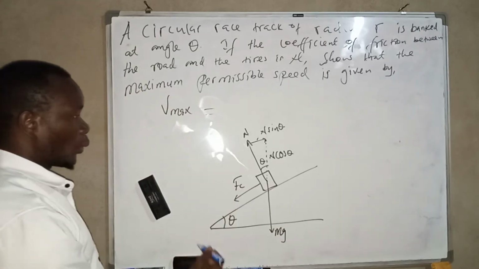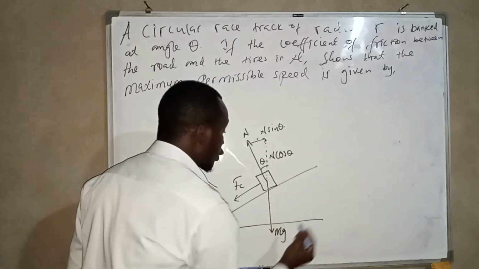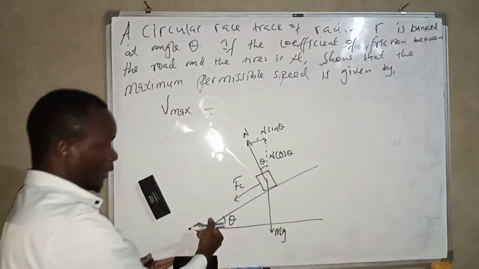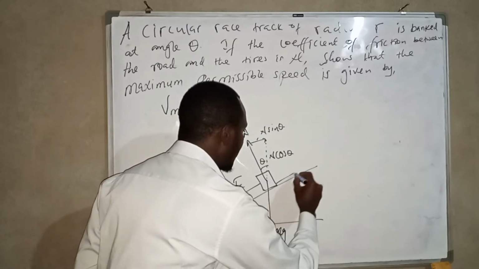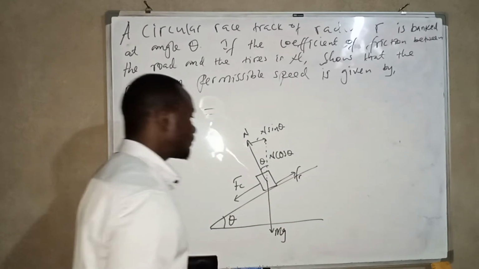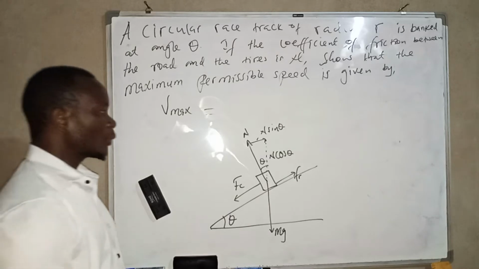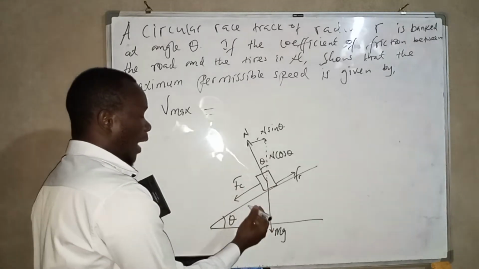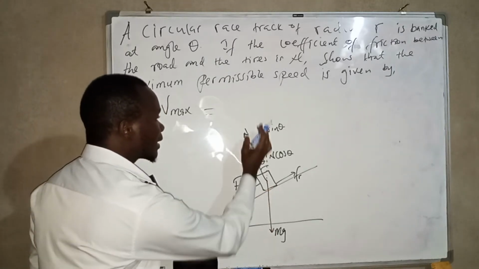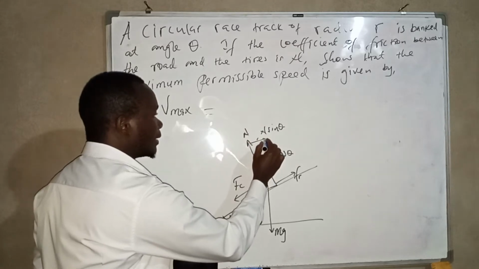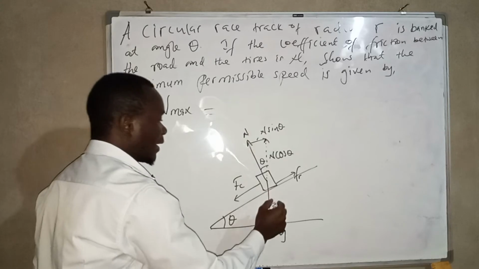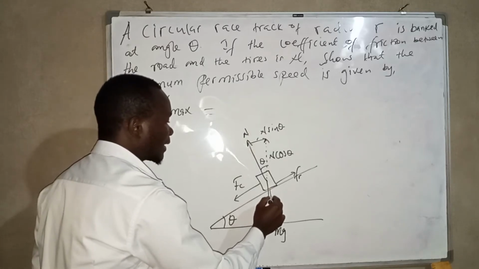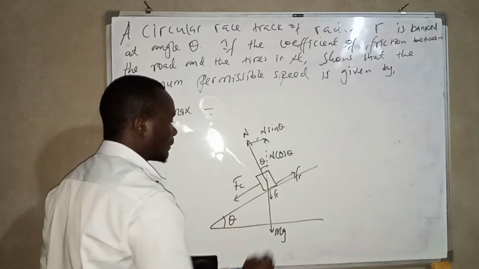And when it is coming this way, there is a force that is opposing the motion, so the friction force, which is the opposing force, will be in this direction. So this is friction force. And we can also assume that if there is an upward motion, then the friction force will act in this direction.